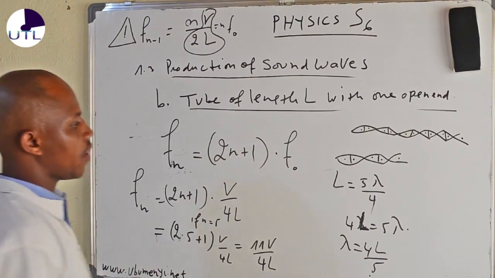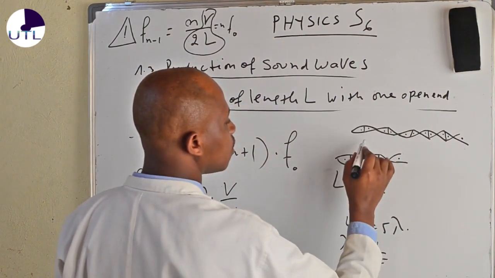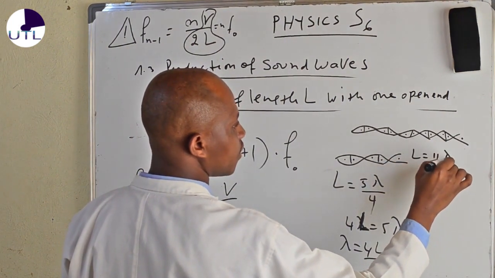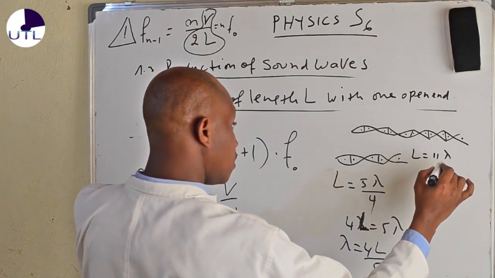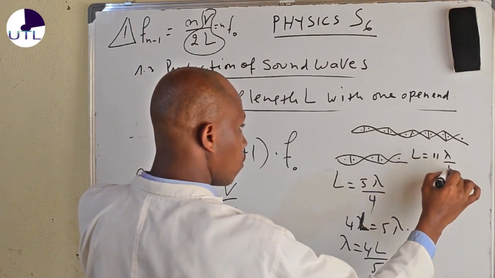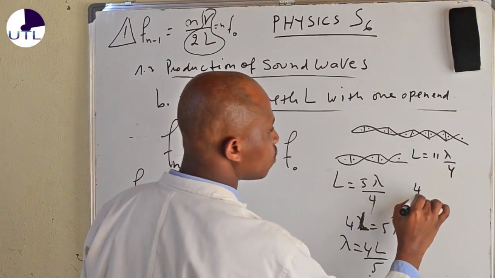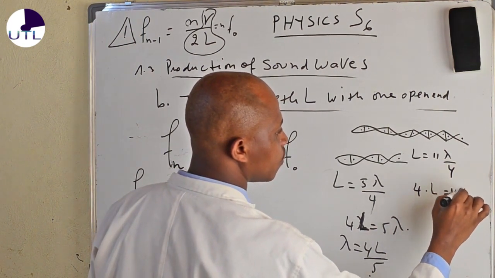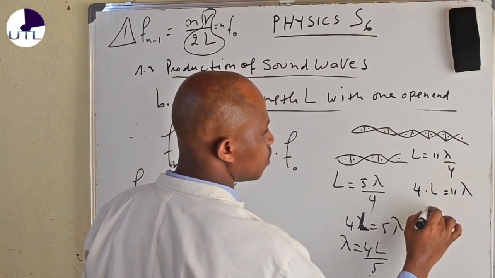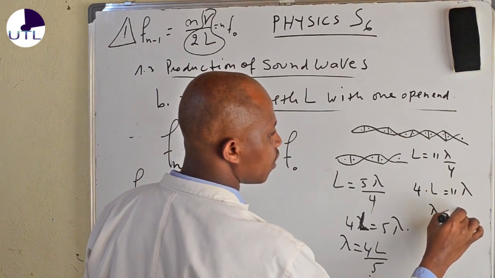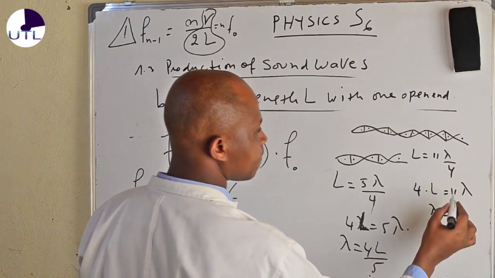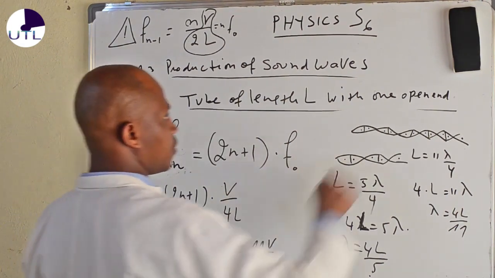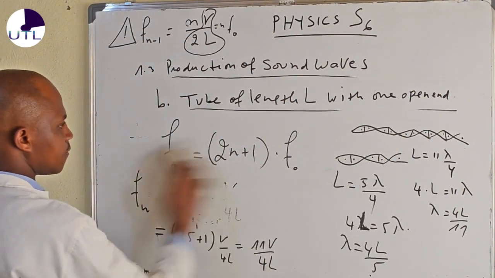So far, now if you have 11, the length will be equal to 11 wavelength divided by 4. So 4 times length is equal to 11 wavelength. So the wavelength will be equal to 4L divided by 11.